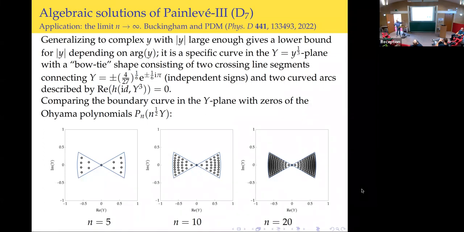So n is the large parameter in the equation, and we're also scaling the complex plane with n. So that's also happening. I think there should be some way to do that, but because it's not one of the tools that I use, I don't want to comment too much more on it.